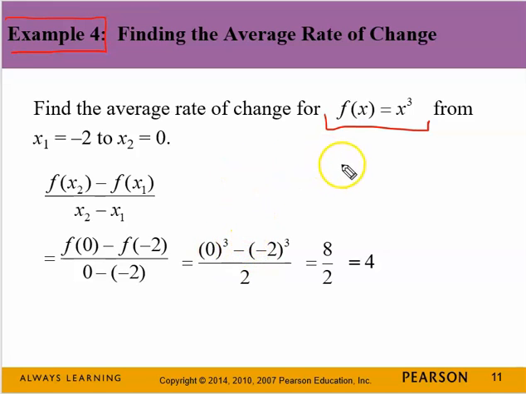And how many items of data do we have? In a sense, there are 2, or just subtract the x's, I should say, gives you the 2. And you get a rate of change now of 4. Again, what is that? That is the slope.